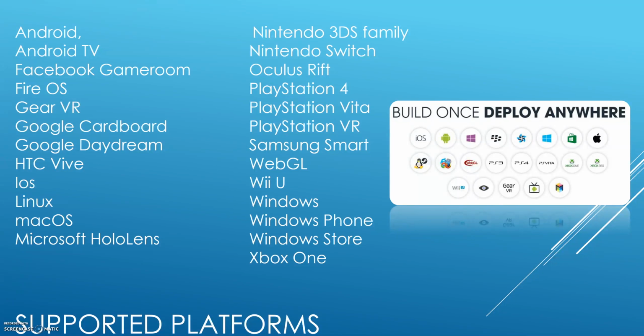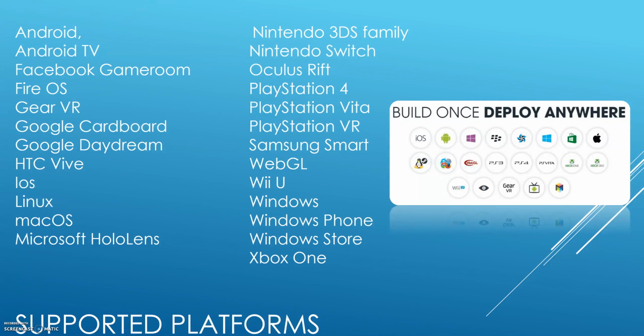So you develop one version and then you can deploy it out to each one of these. Obviously, you'd have to change things, like for instance, the controls are going to be different on a phone than on a virtual reality headset. So you'd have to create various different versions of it, but the engine would take care of all that.